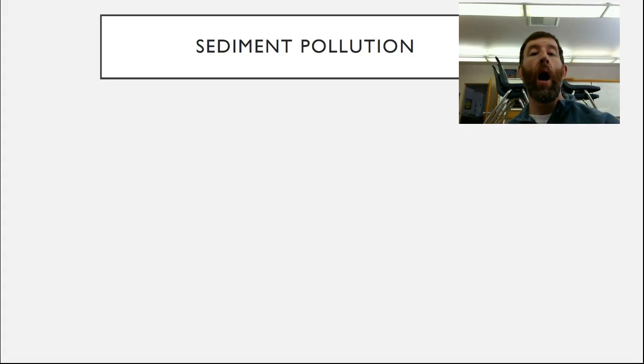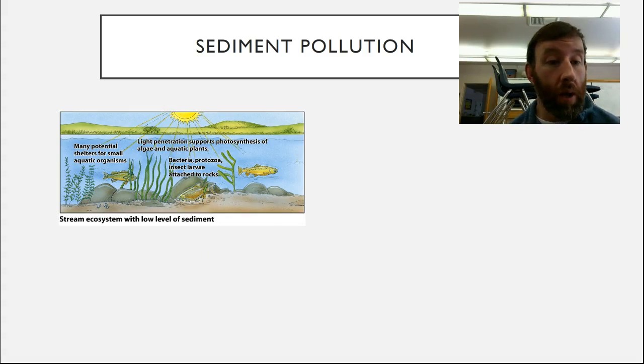Next type is what we call sediment pollution. A stream ecosystem with a low level of sediment is going to have good light penetration, and that's the kind of normal state. So most of our streams up here in the Northwest and most of our bodies of water, lakes, etc., have great light penetration, which does help with temperatures and dissolved oxygen too, although indirectly.